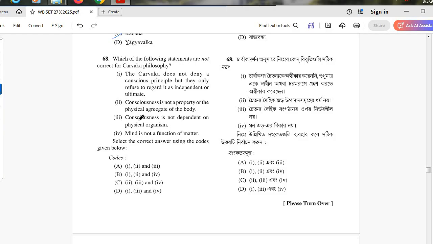Option 2, consciousness is not a property or the physical aggregate of the body. And option 3, consciousness is not determinate on physical organism. And 4, mind is not a function of matter. Select the correct answer using the codes given below. And question 68, correct answer is option C, 2, 3 and 4.